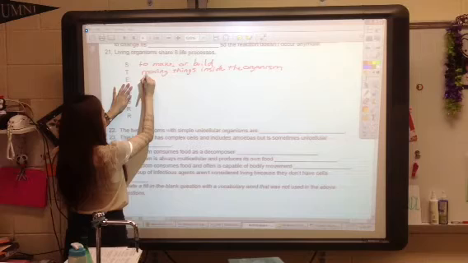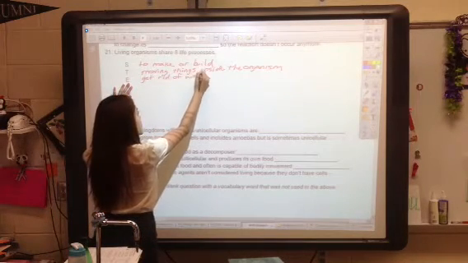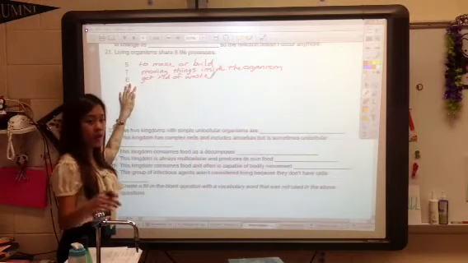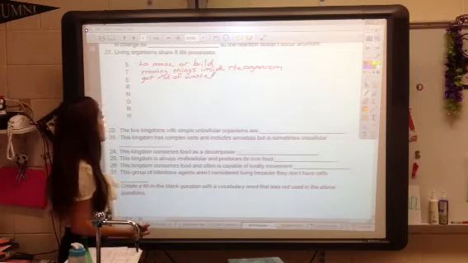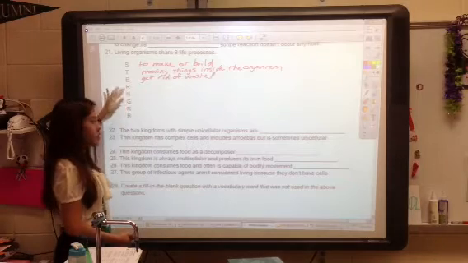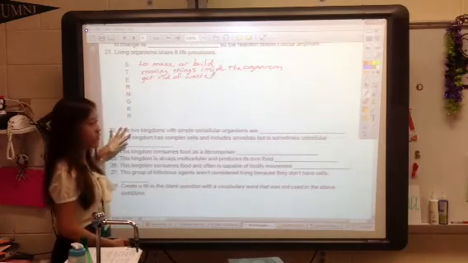E is going to be get rid of waste. Waste doesn't always have to be a bad thing. Waste could just be simply water. It could be oxygen. It could also be things like carbon dioxide that we breathe out. R is going to be, and now the R's can be a little different. They can vary, and so you want to be careful with what definition I give you.